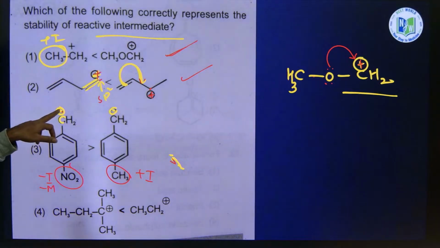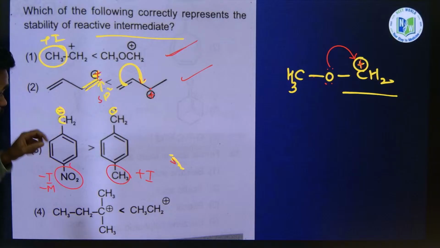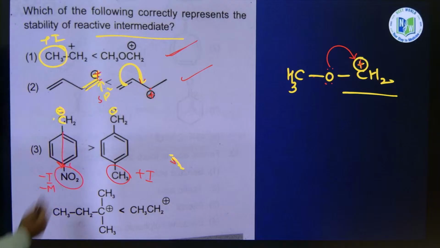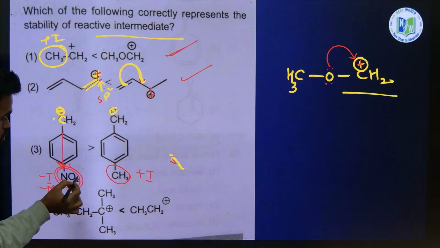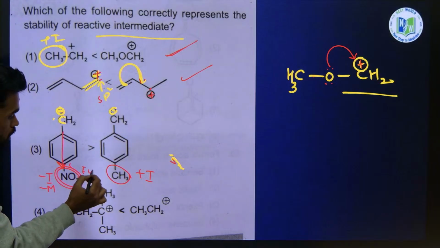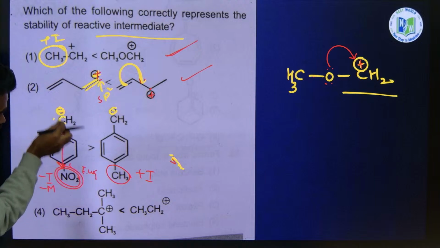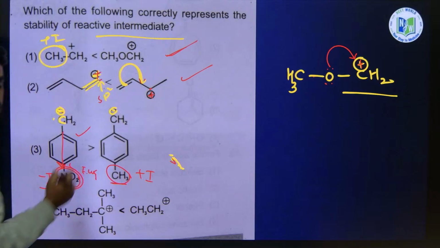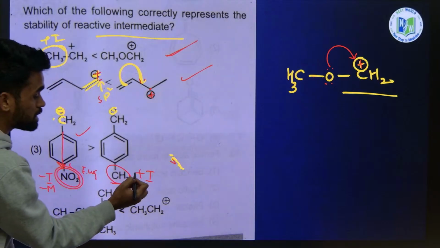A negatively charged carbon, that is a carbanion, will be more stabilized when that negative charge is drawn into the ring. Here the nitro group is an electron withdrawing group, so it will withdraw the negative charge and make it more stable when I compare with this, because this is a plus I group.